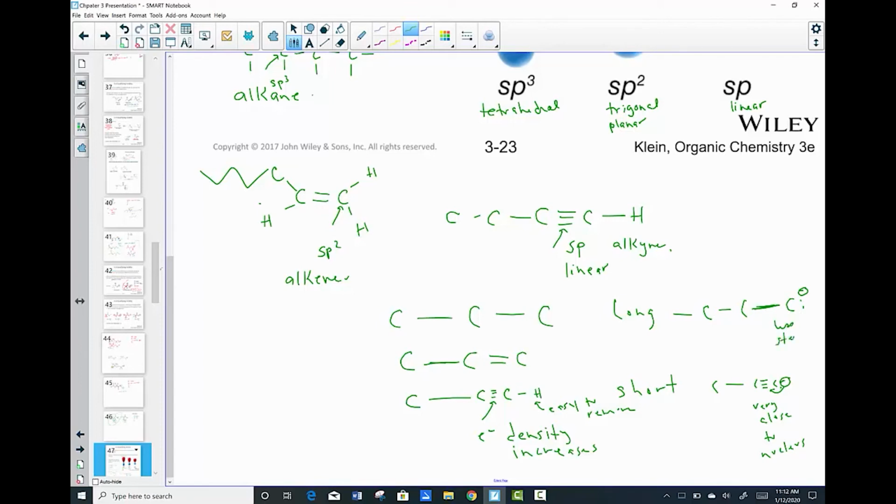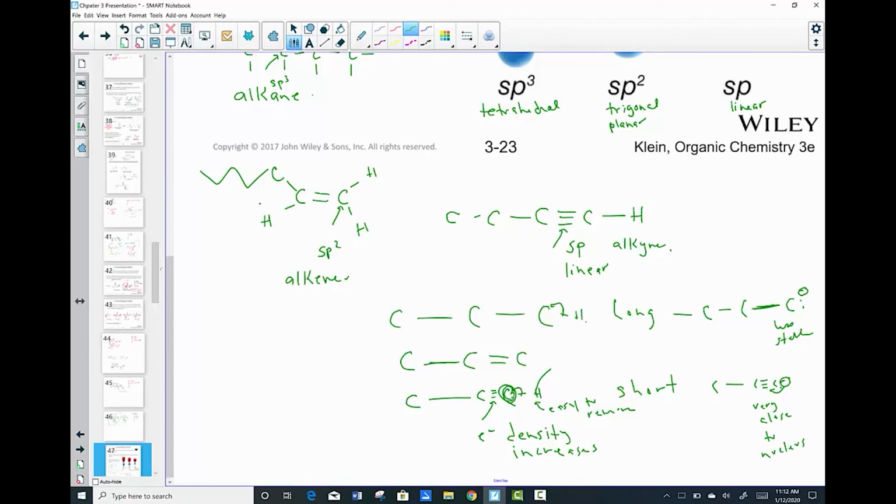The shorter the bond, the tighter everything is. The electron density is being pulled really close to everything. So when this proton is abstracted and this bond collapses, these electrons get pulled really tight right there. When this bond collapses, these are very loosely held electrons. Therefore, this is a less stable configuration.